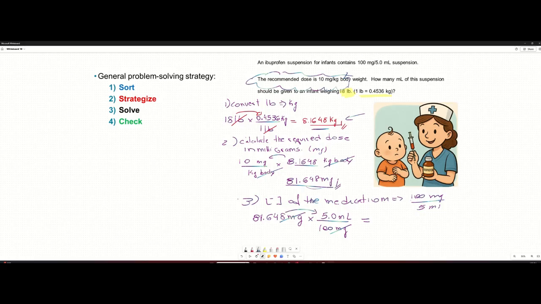So I can cut the units over here, and I'm going to multiply this by this and divide by 100. I'm going to use my calculator, sorry. If you have a calculator, this is not hard math, but I just want to give you the right number.